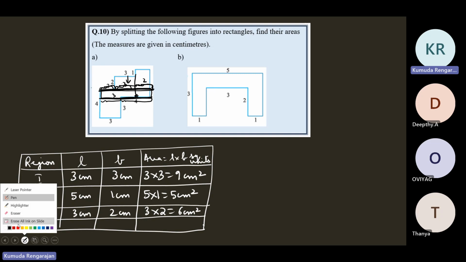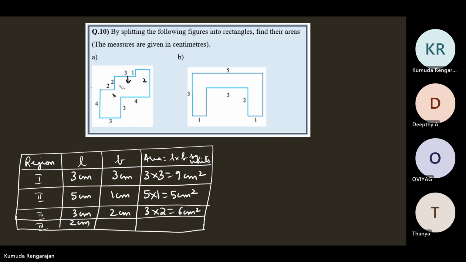So the length of the fourth rectangle is 2 centimeters. The length is 2 centimeters because the full thing is 7, but from here to here it is 5.